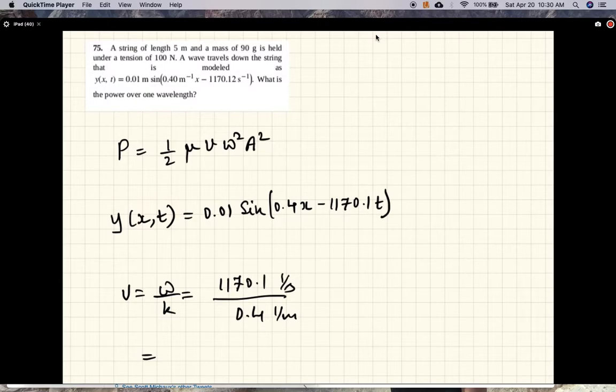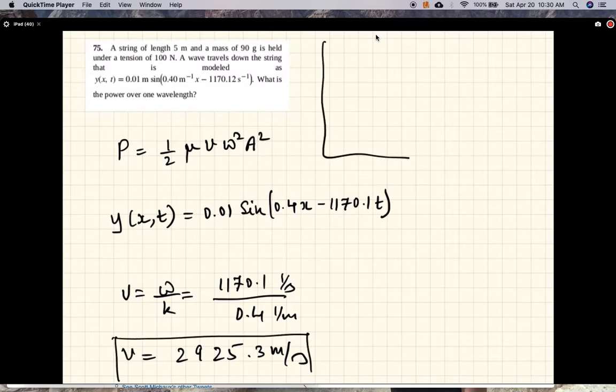The velocity of the wave is 2,925.3 meters per second.